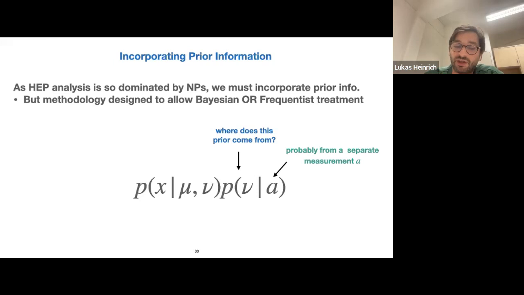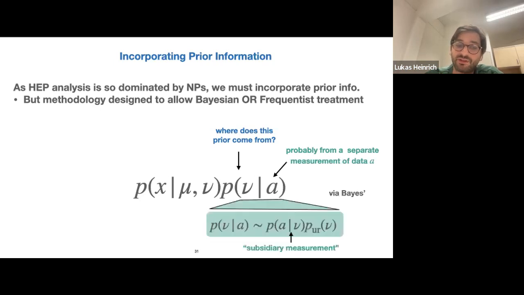Once you resolve this through Bayes' theorem, you have a likelihood associated to this data, and this prior is actually the posterior of another measurement. This is what we call a subsidiary measurement, and the prior is then a result of that measurement with the prior that was used at that iteration of the experiment. That is something we call the Ur prior, so it's like two generations before your current measurement.